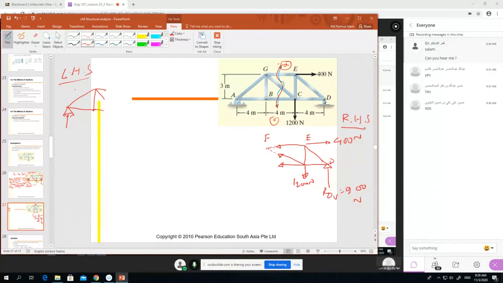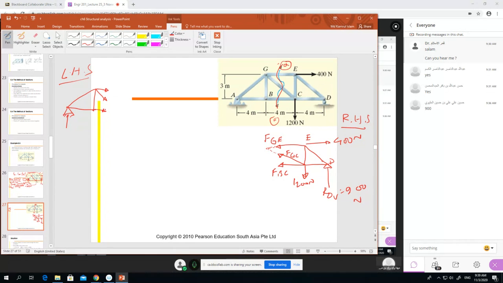You will get the same result whether you do the right hand side or left hand side, if your calculation is correct. If it is not the same result, you have to understand that somewhere you have made a mistake, right? FGC, and this is FBC. All right, and here it will be like this.